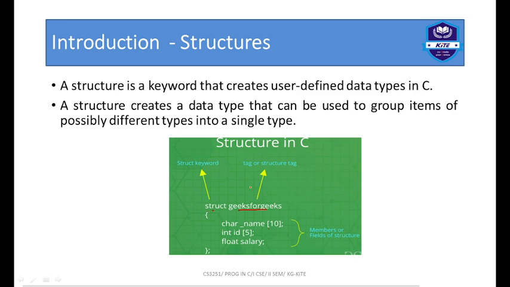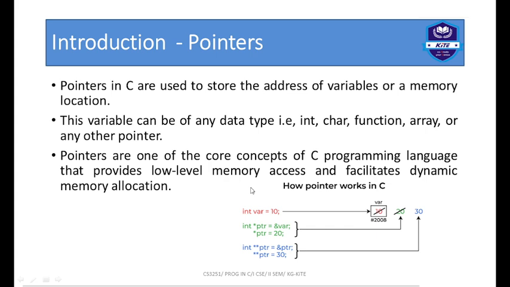This is explained as a recap, and we are also going to have a recap on pointers. Pointers in C are used to store the address of variables or memory locations. These are called indirection operators. A pointer variable can be of any data type such as integer, character, function, array, or any other pointer type.